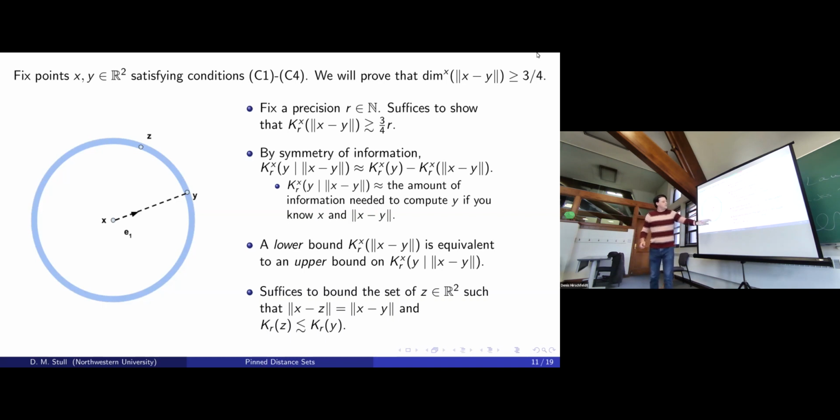So from a computer's point of view, it knows x and it knows this annulus around x, and it's trying to find y in the annulus. So what we want to do is bound the number of points z, or the size of the set of z's, which have the same distance from x as y does, and whose complexity is at most that of y. So this is our goal. We want to bound the set of z's contained in this annulus of small complexity.